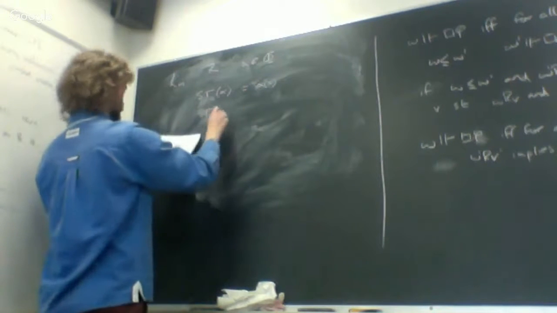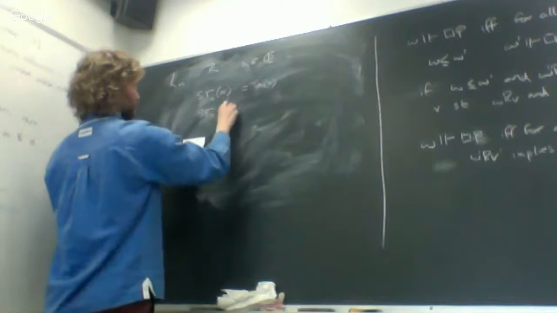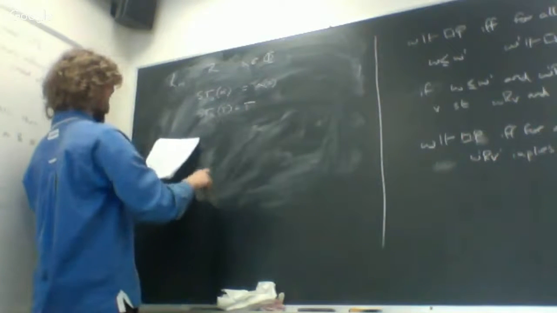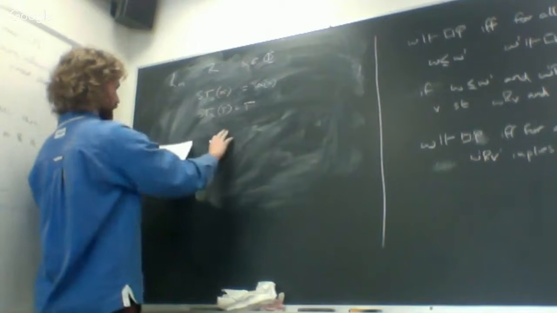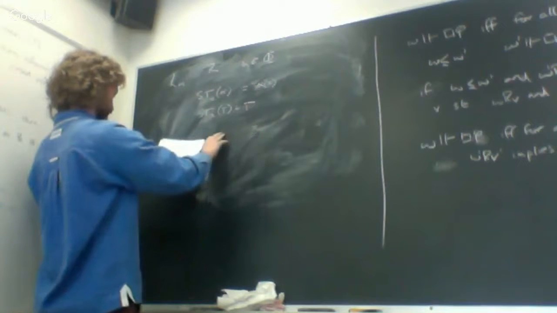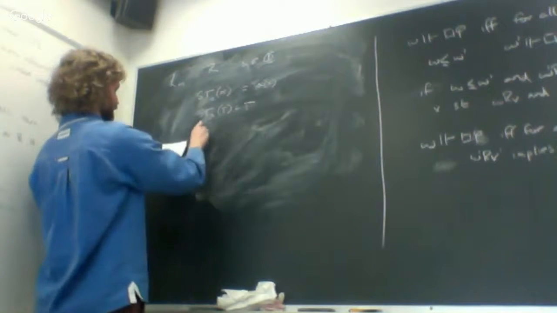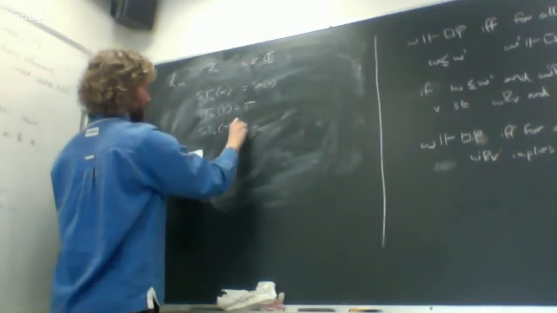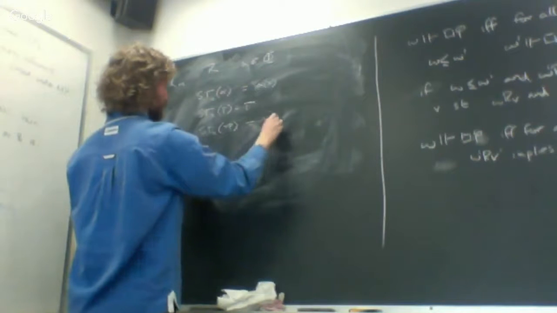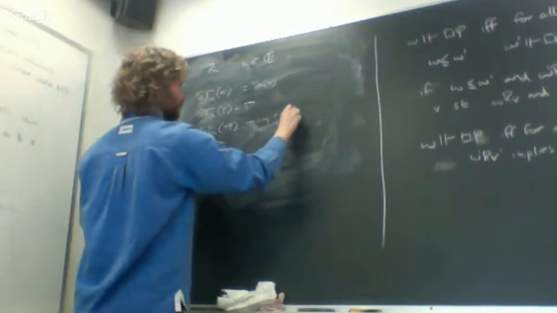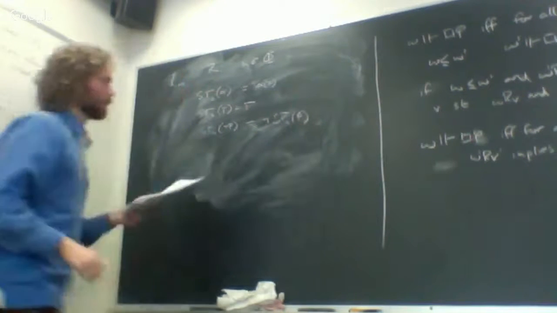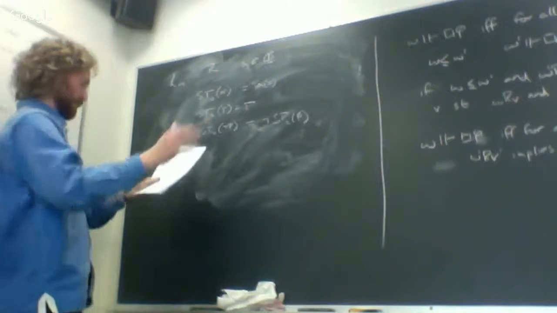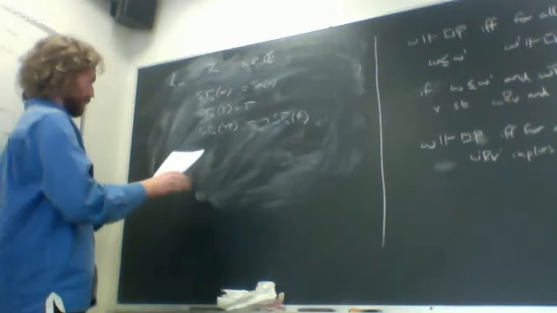Okay, maybe to save time. True goes to true, same for false. With the Boolean connectives, it kind of does what you'd expect. You kind of see where it's going with the connectives, you just divide over.